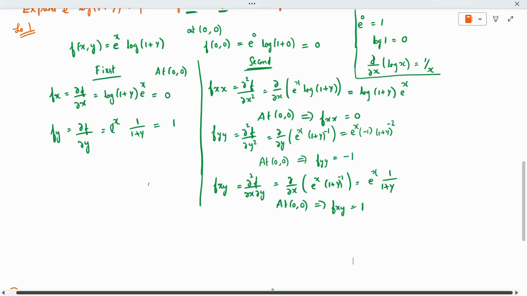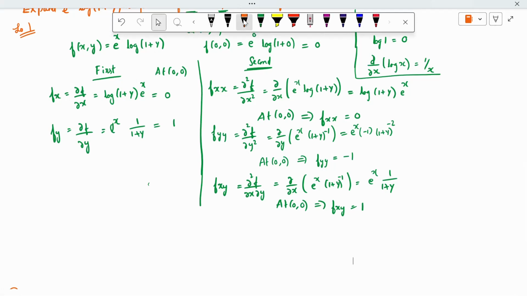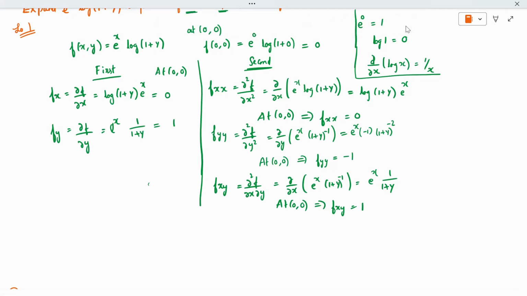So now we will write Taylor's theorem formula and then substitute it. What is our formula?